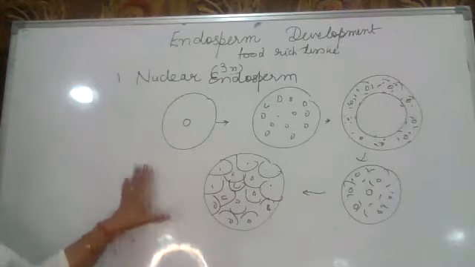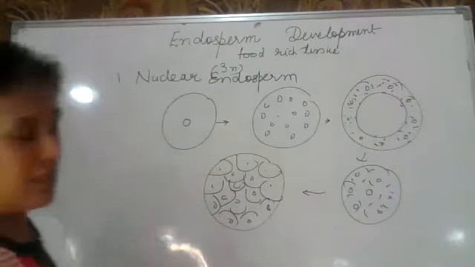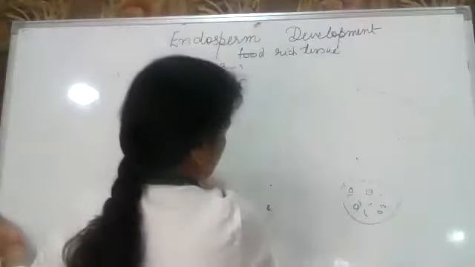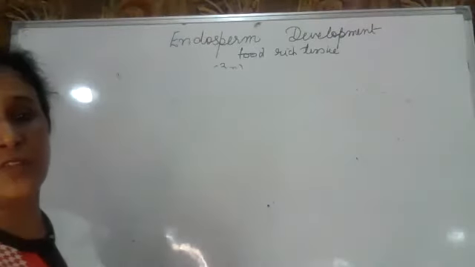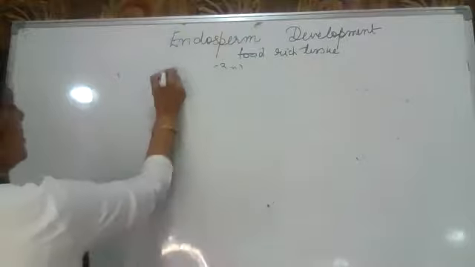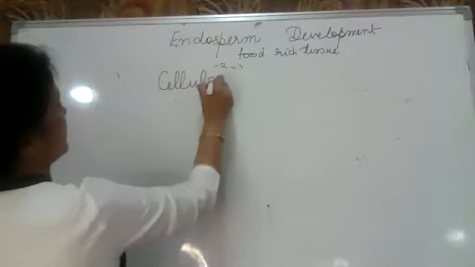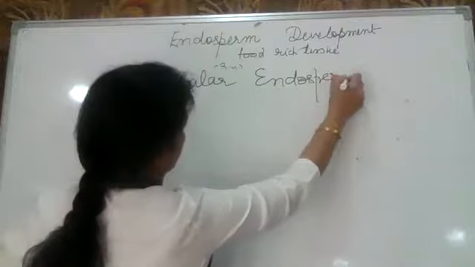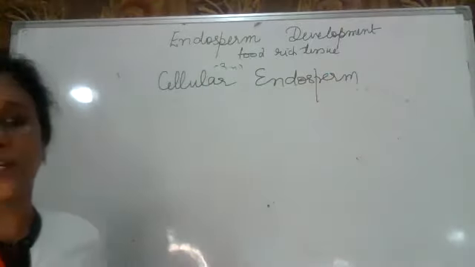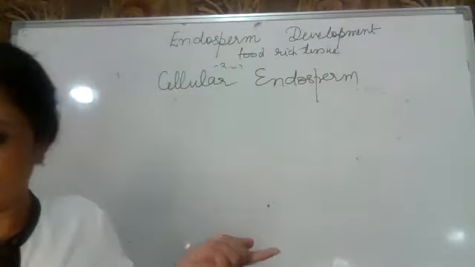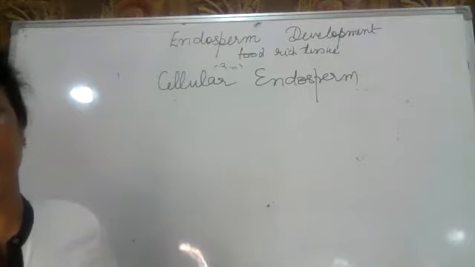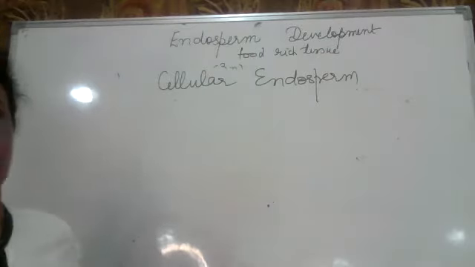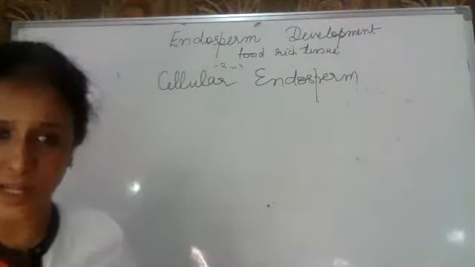Now, the second type of endospermic development is known as cellular endosperm. In cellular endosperm, each karyokinesis is followed by cytoplasmic division, or we can say karyokinesis is followed by cytokinesis.